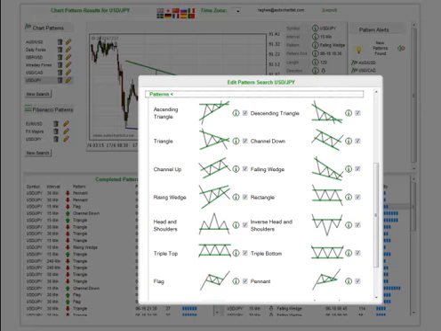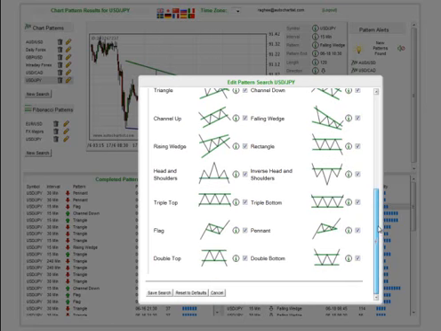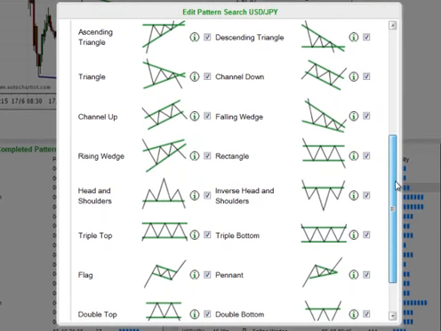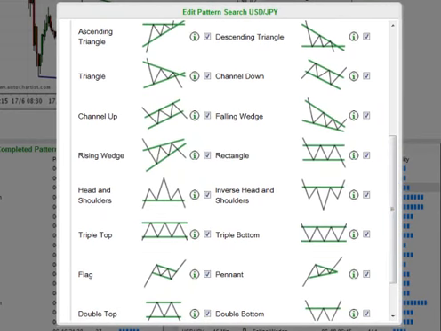Notice there are multiple pattern types that the Autochartist platform scans for. A majority of these pattern types are non-trending patterns. So it's probably easier for us to discuss here which of these patterns are trending. That way you know the rest of them, the remainder, are non-trending.